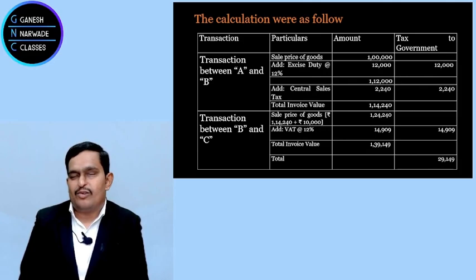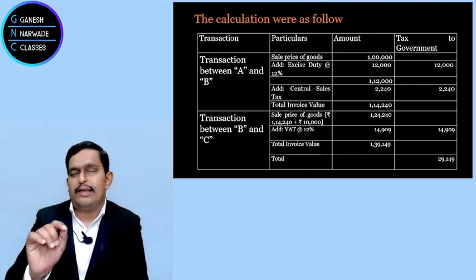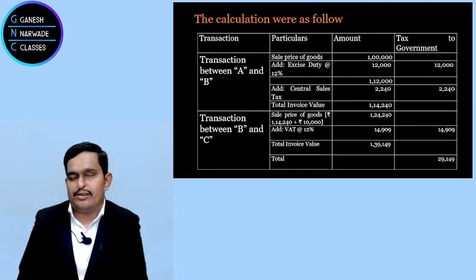Okay, clear to all of you? Here you see, 14,240 is the total tax. Now excise duty 12,000, CST 2,240, correct? So B will pay 1 lakh 14,240 to A. Clear? Very good.